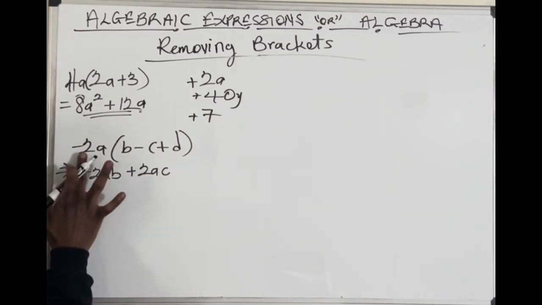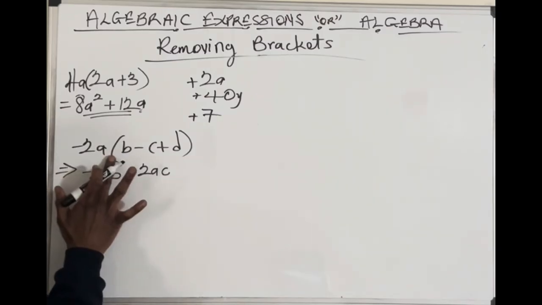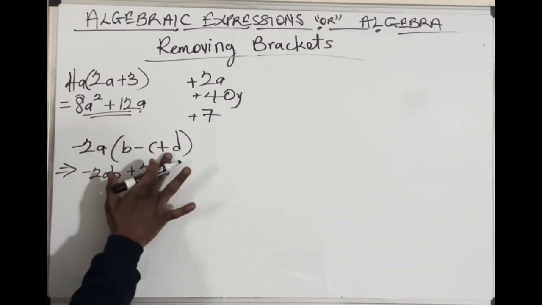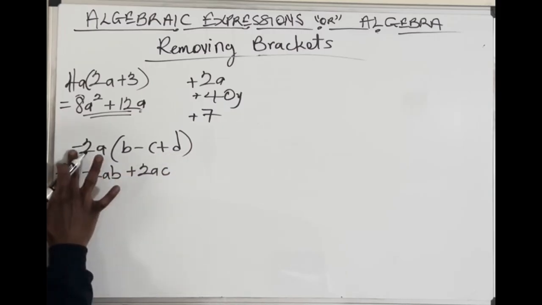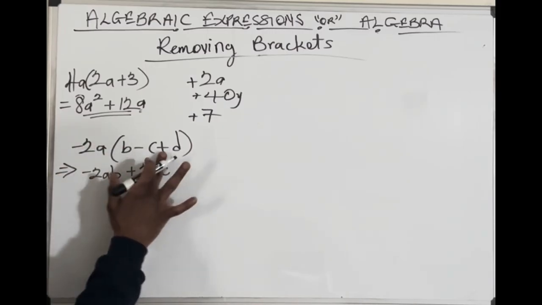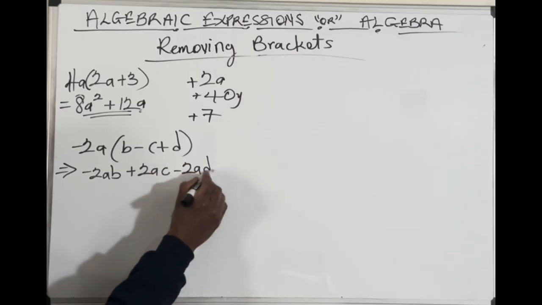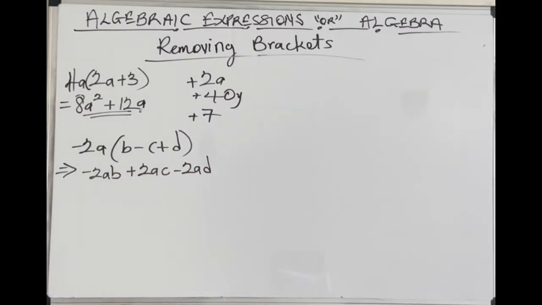Negative 2a times plus d. Negative, positive. So negative always overcomes it. We have negative 2ad. That's what we mean. All right, so we are continuing.